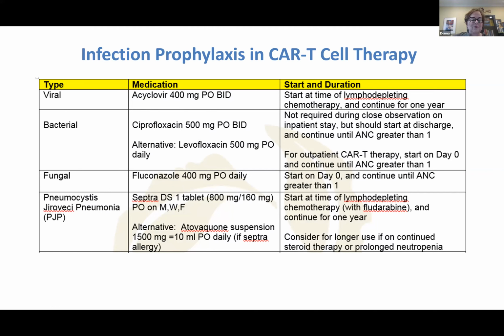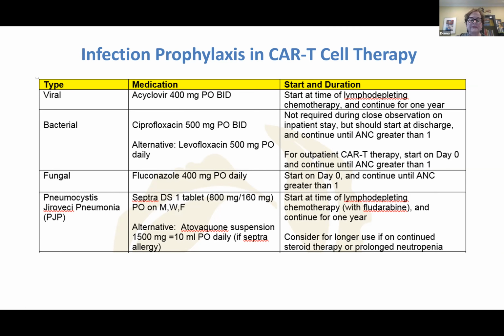odd organism, probably parasitic, that can haunt us for many months after treatment, and it's basically completely preventable by 3 Septra tablets per week.